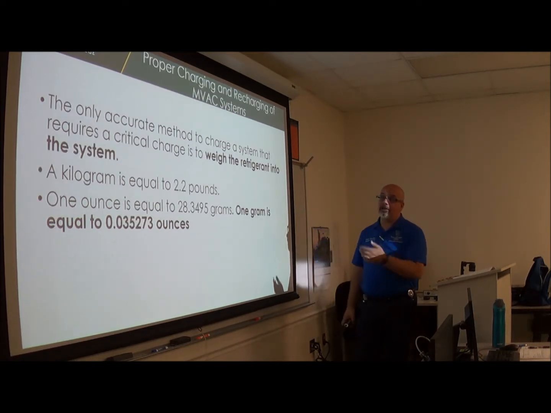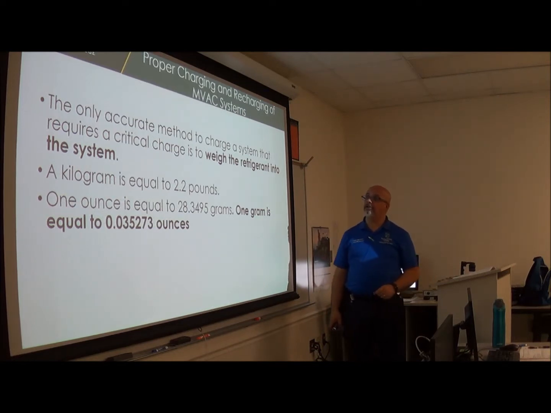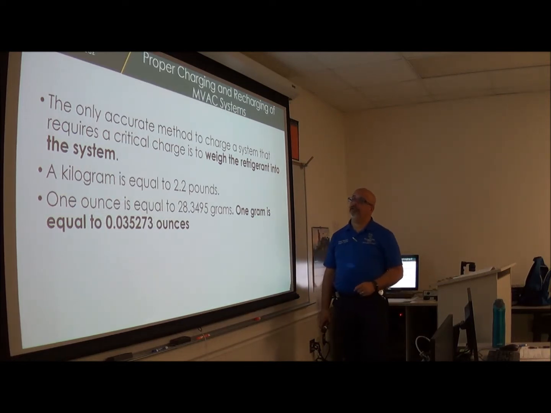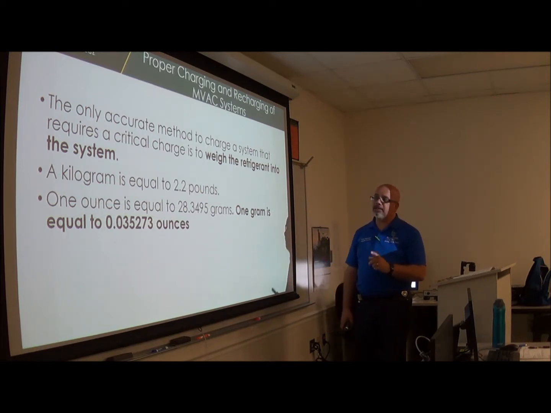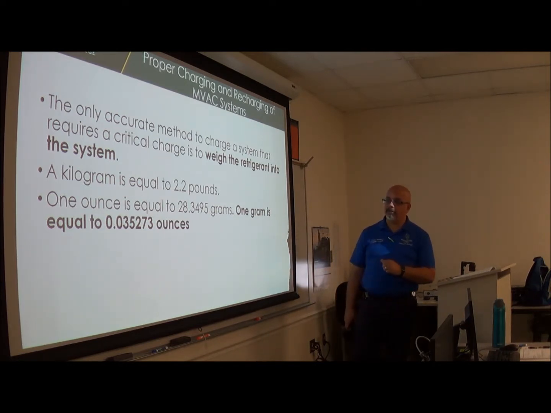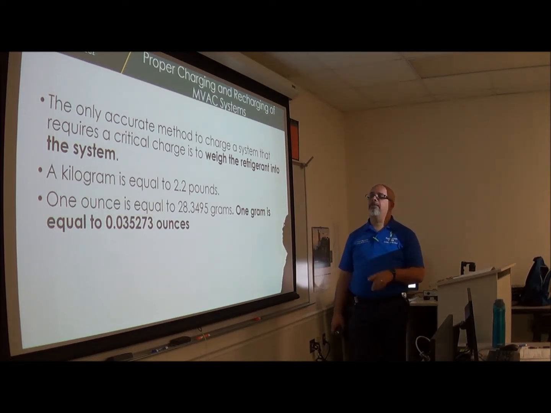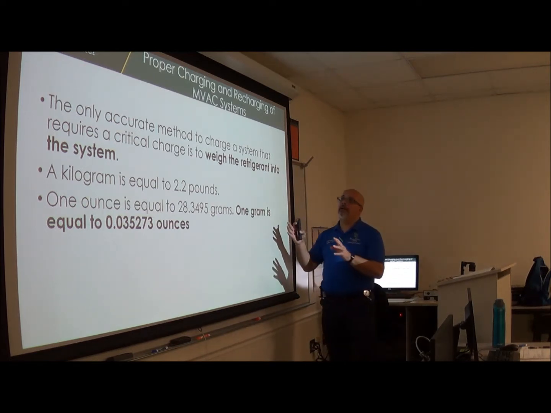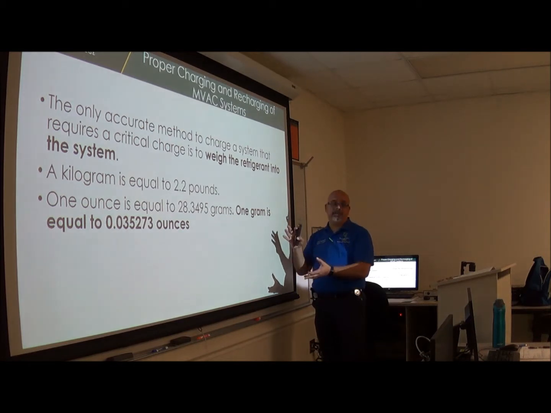The only accurate method to charge a system that requires a critical charge is to weigh the refrigerant into the system. A kilogram is equal to 2.2 pounds. 1 ounce is equal to 28.3495 grams. 1 gram is equal to 0.03527 ounces. Why are they saying this now?